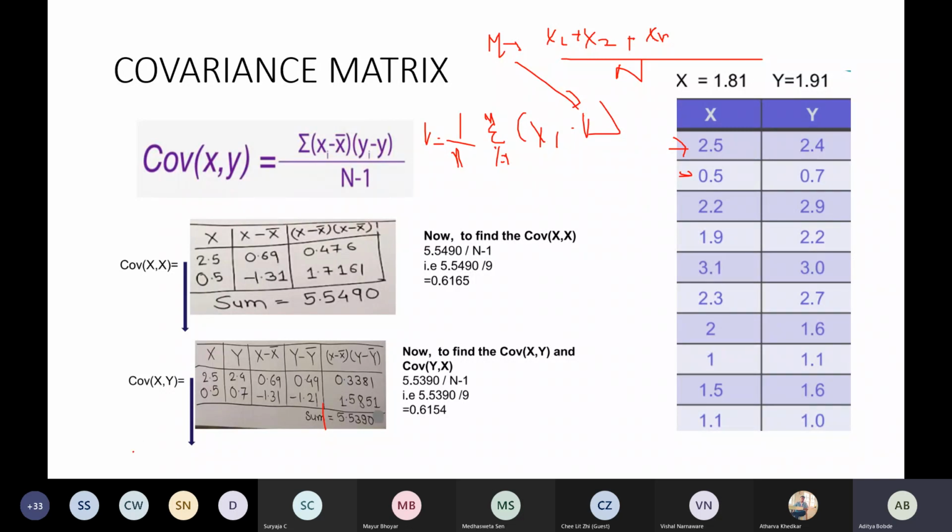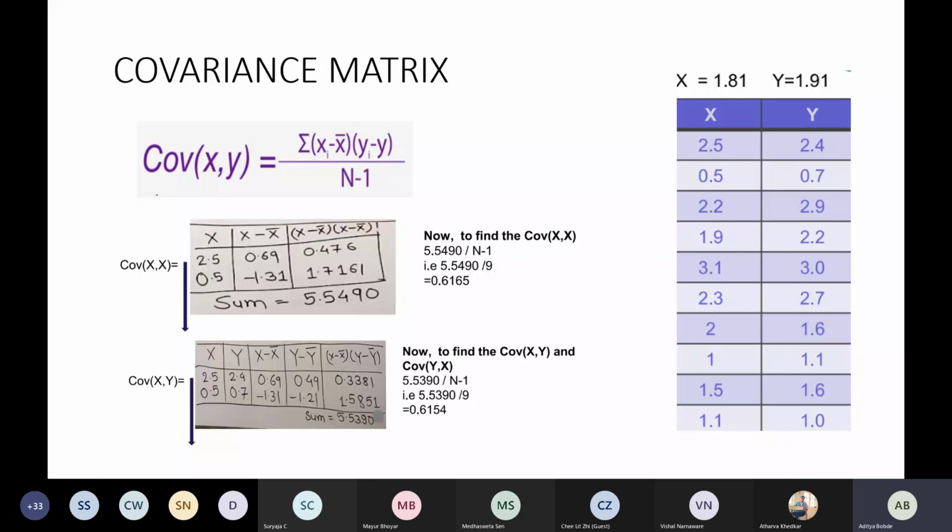And what does covariance signify? Covariance signifies whether the two variables are related or not. If they are related, in which sense they are related, whether they are positively correlated or negatively correlated. Okay. So the formula for covariance is xi, your current value, minus the mean of x.